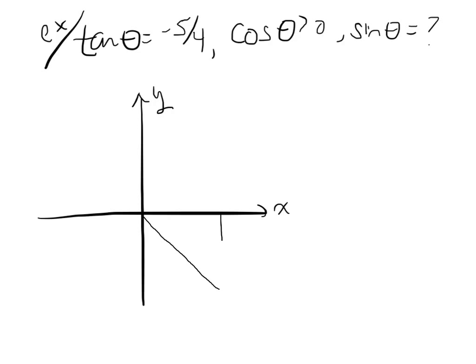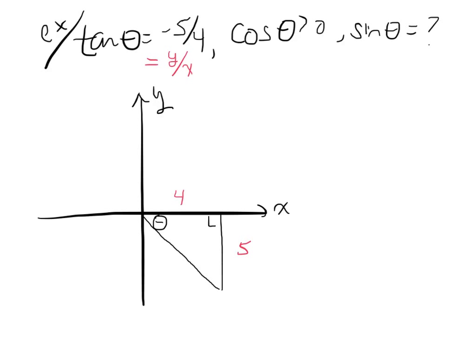Now if we continue with our picture and complete a triangle, here's our angle. We know that tangent must be equal to negative 5/4, but we also know that tangent is the ratio of the opposite side to the adjacent side. So we can start labeling that: the opposite, to theta, should be our 5, and the adjacent should be our 4.